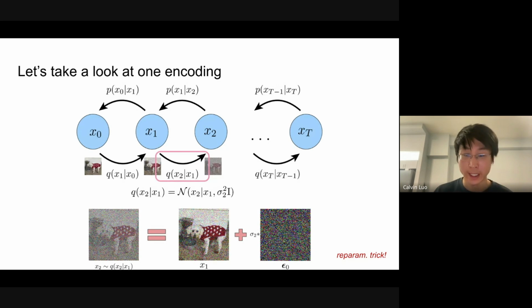Once again, we can visualize it using the reparameterization trick, where we take the mean, which is now x1, the noisified version of the clean data image, and add another Gaussian sample. That's what x2 looks like, another even more corrupted version of x. These are just independent applications of the reparameterization trick to visualize what's going on.